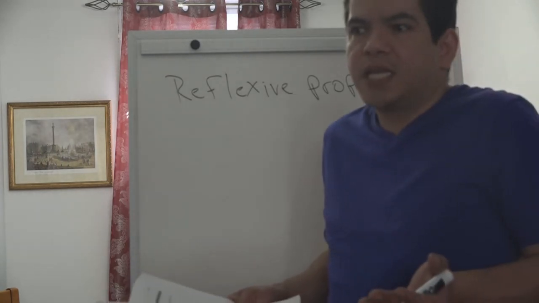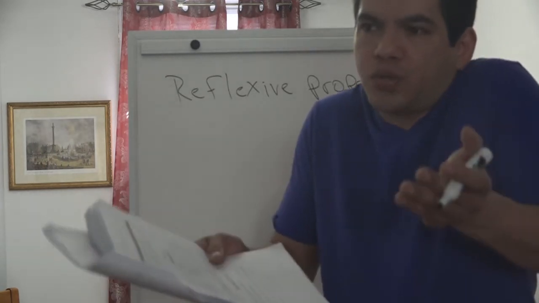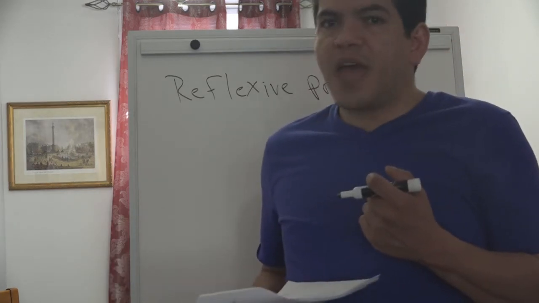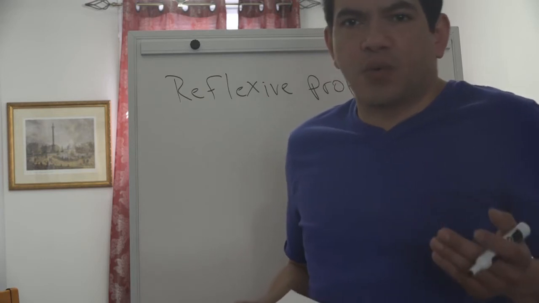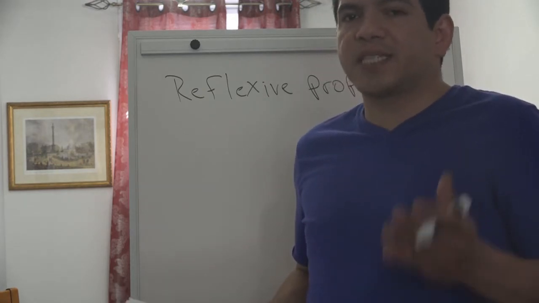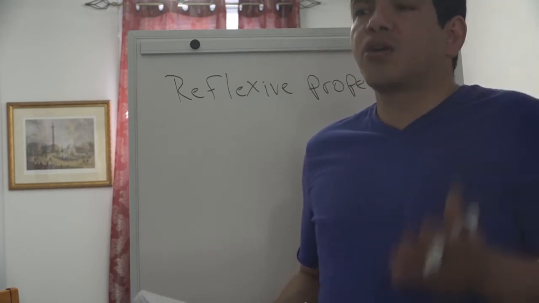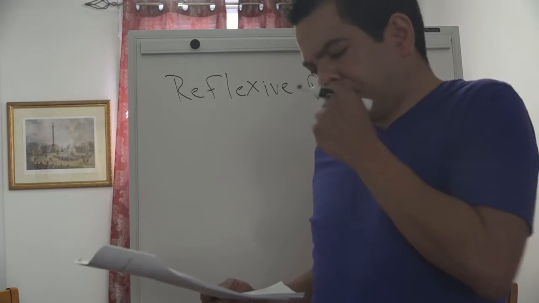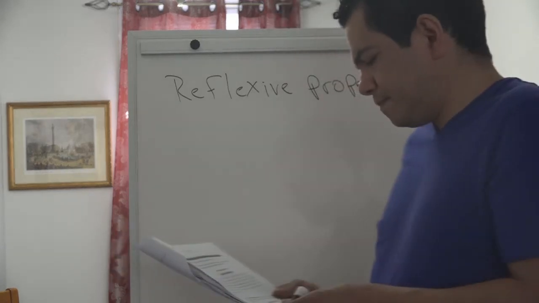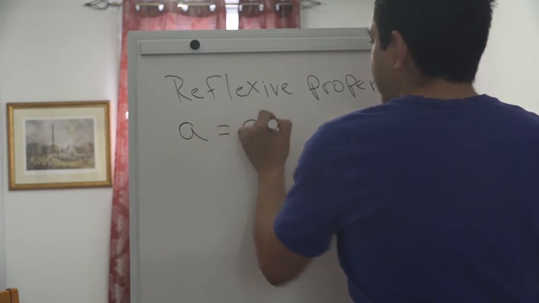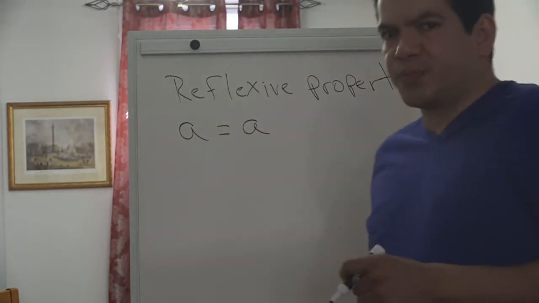It says that you are equal to you, that I am equal to me, that TV is equal to itself. In other words, the reflexive property says that a quantity is congruent or equal to itself. Reflexive property, A equals A. Now why do I need this property?